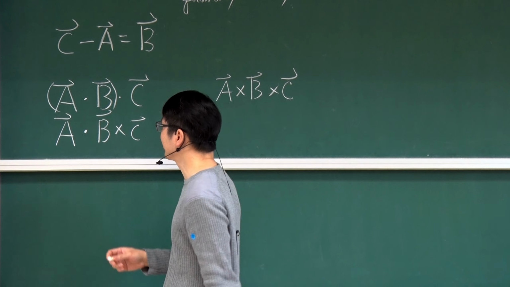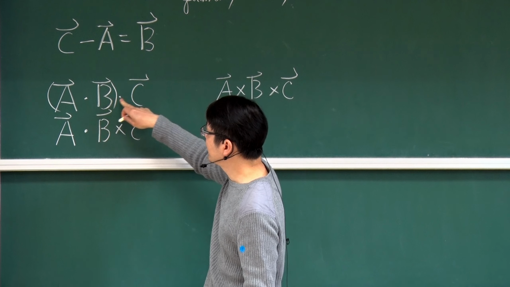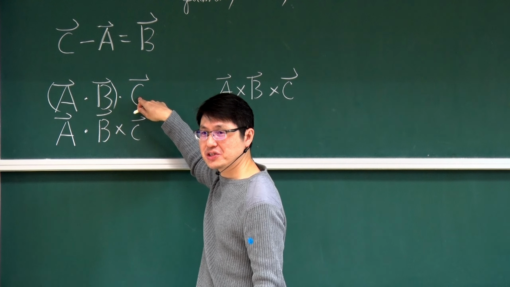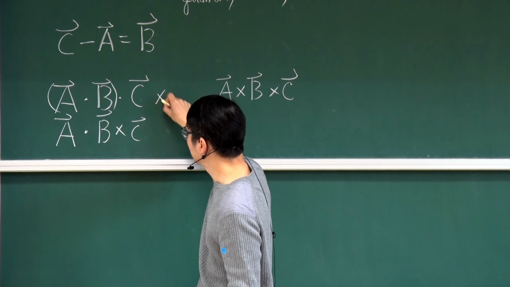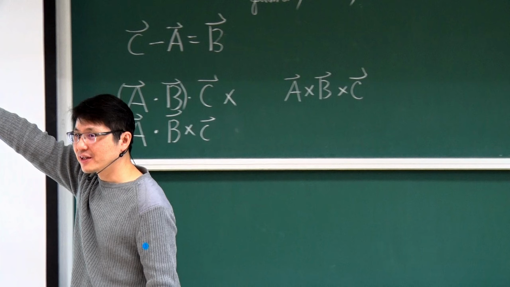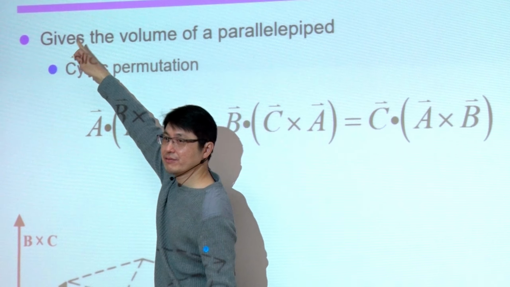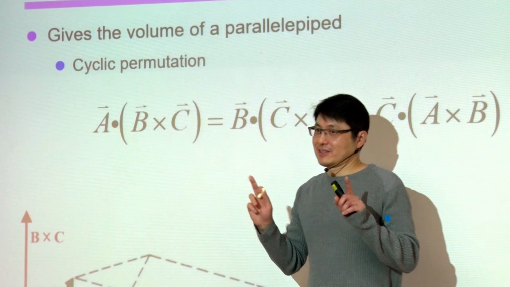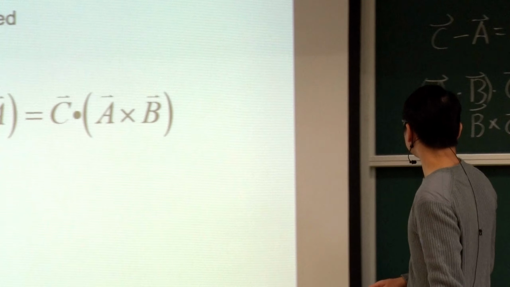So A dot B is a scalar. A scalar multiplied with a vector gives you a vector. My target now is, after the triple product, I need to have a scalar quantity. So the first choice cannot give me a scalar result.